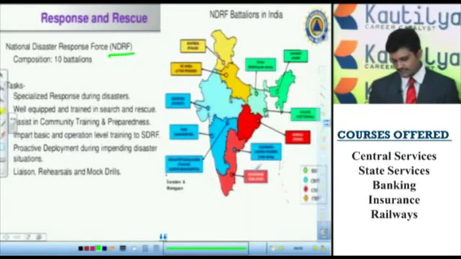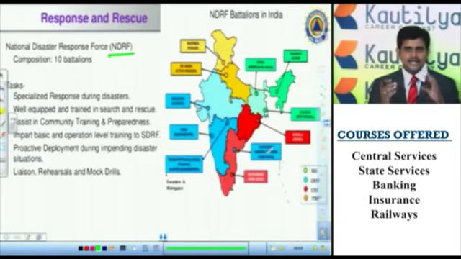In the case of Andhra Pradesh, it was established at Vijayawada, because in Andhra Pradesh the coastal belt is mostly affected by floods and tsunamis. So the National Disaster Response Force, a trained force, will immediately jump into the situation, control it and reduce its impact.